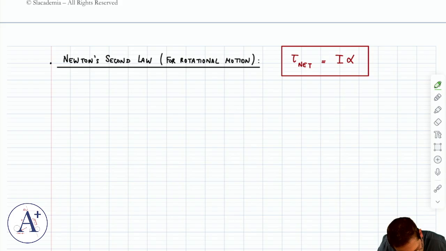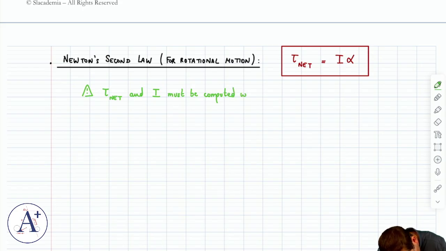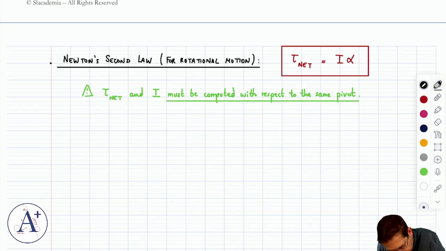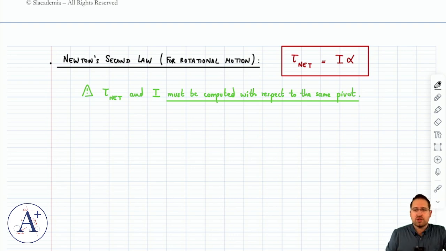In the case of torque net equals I alpha, there's a very important thing to note, is that the net torque and the moment of inertia I must be computed with respect to the same pivot. This is really important.